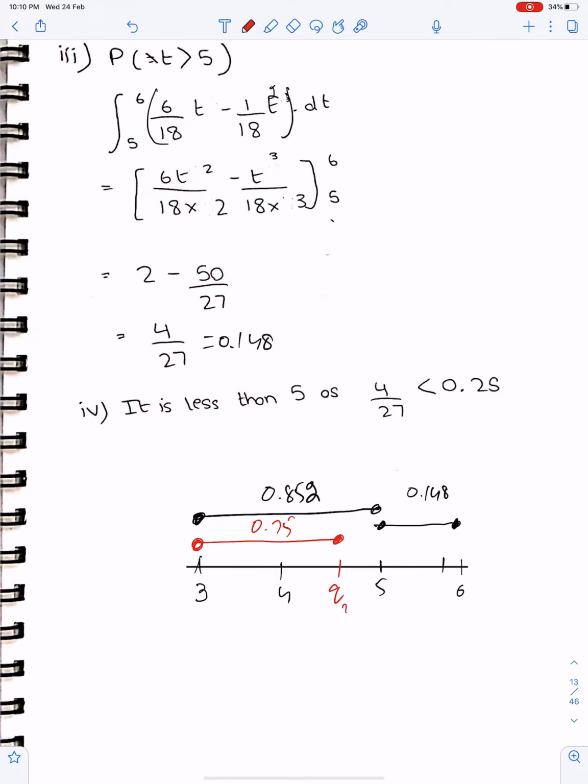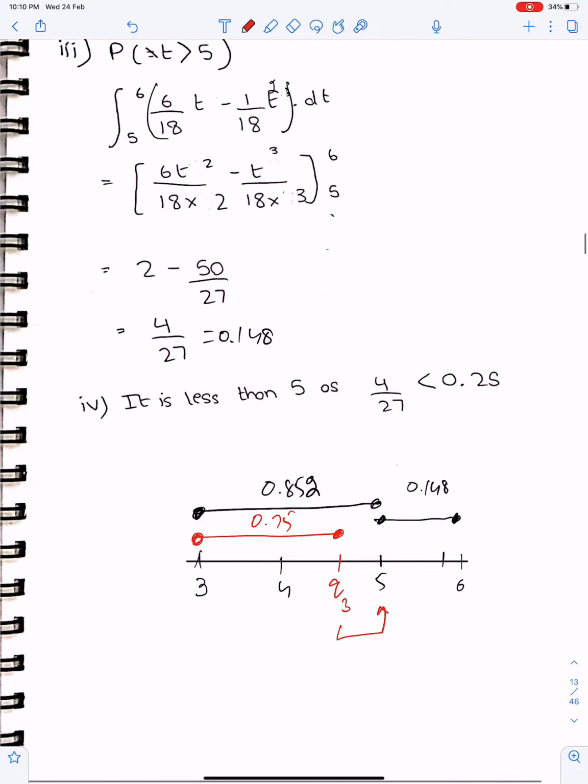The upper quartile should be here because its probability is 0.75. With the help of this number line, you can easily see that the upper quartile is less than 5. It's before 5.